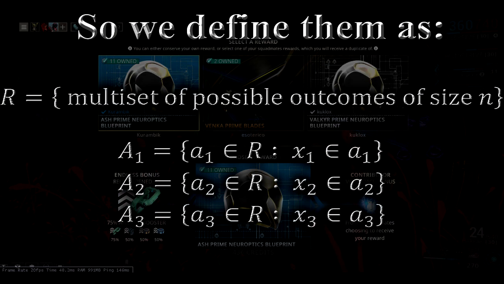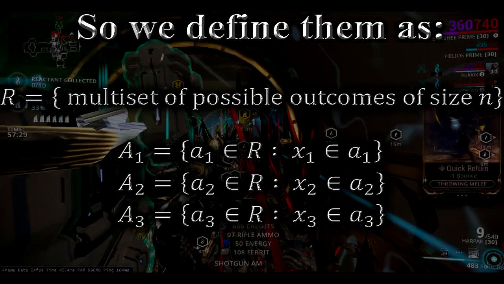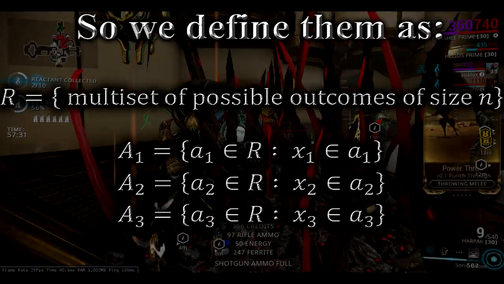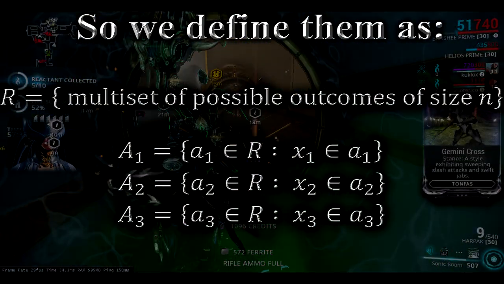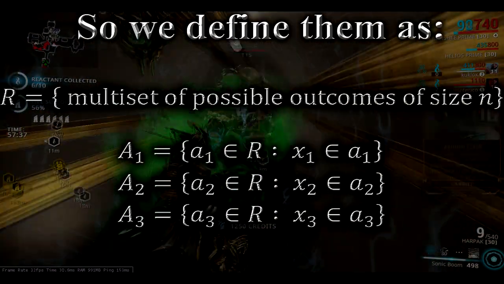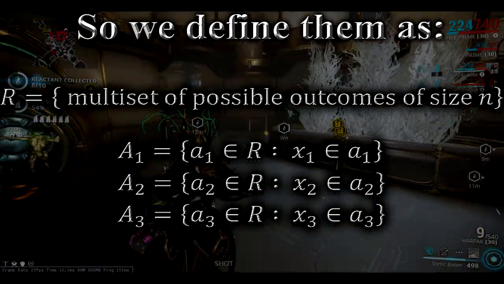Now, from this set, we choose some elements to define three other sets, which are A1, A2 and A3. We will define A1 as being elements a1 in R, you know, there's a distinction there, that's why I use capital and small letters, elements a1 in R, such that the outcome x1 is in the multiset a1.